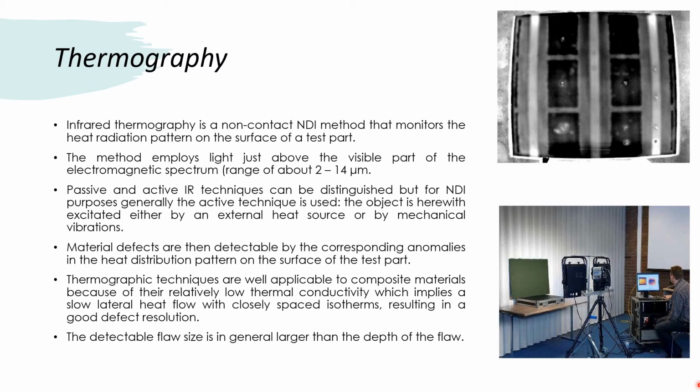Thermographic techniques are well applicable to composite material because of their relatively low thermal conductivity, which implies a slow lateral heat flow with closely spaced isotherms, resulting in a good defect resolution. The detectable flaw size is generally larger than the depth of the flaw. So this one is the picture during the thermography process, and here is the picture of the composite material taken with this thermography method.